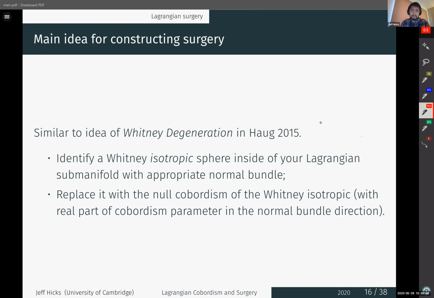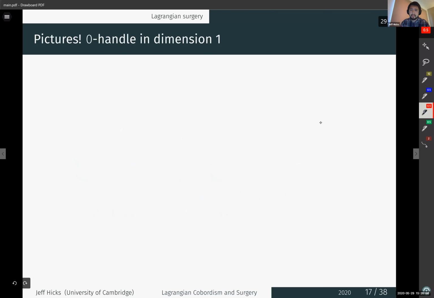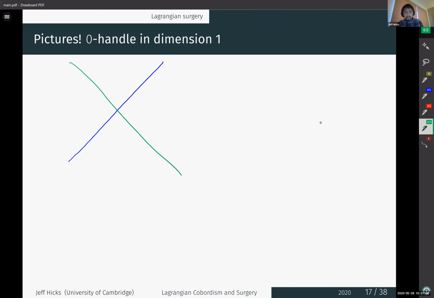I'm now going to give a slightly overcomplicated description of how to resolve a self-intersection using this viewpoint. Here I have a Lagrangian of dimension 1. It has a self-intersection, and essentially we look at this self-intersection point over here and think to ourselves, that's an S0, right? There are 2 points there. That's Whitney's zero sphere.